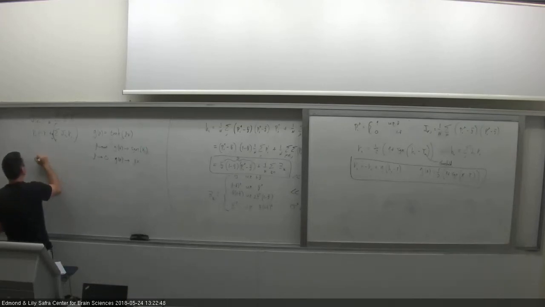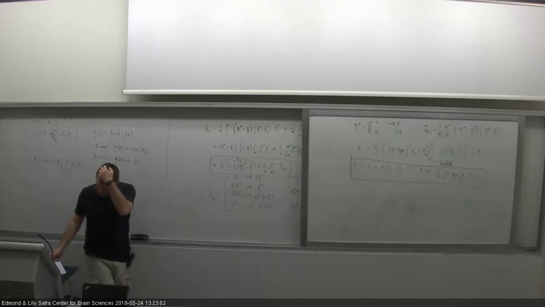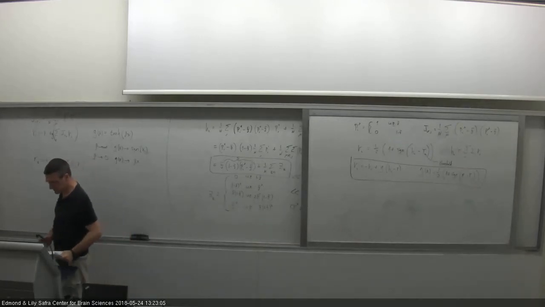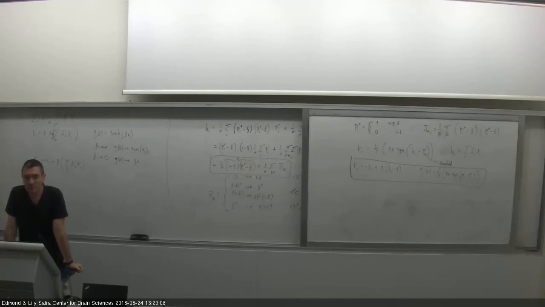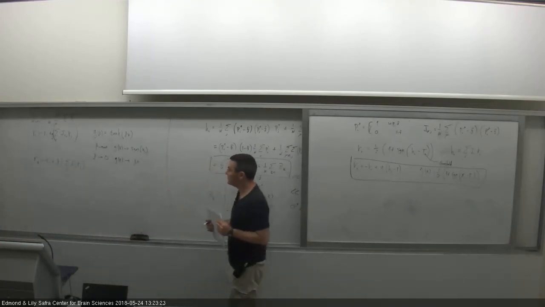So in that case, the dynamic equations would be Ri dot equal to minus Ri plus beta times the sum over j of Jij Rj. So this is nice, right? Because we have a set of linear dynamic equations.